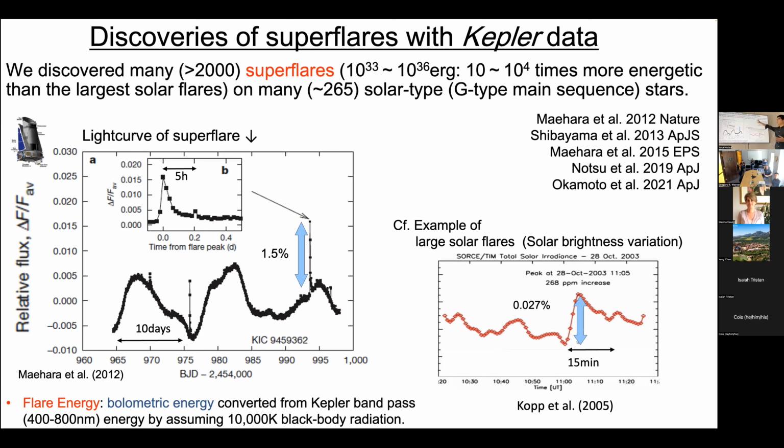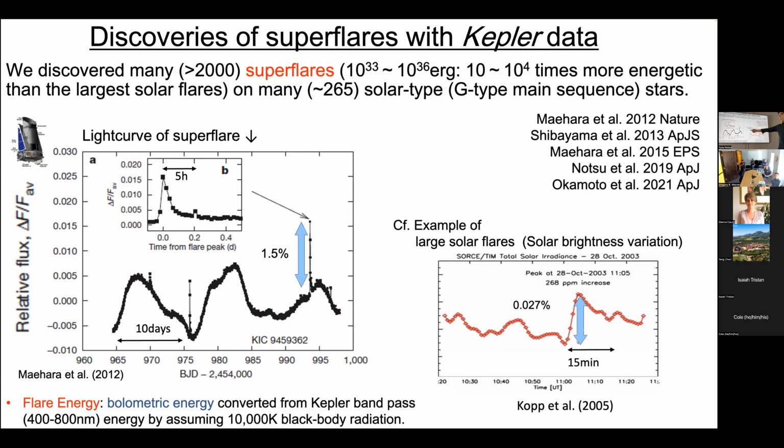The energy is at least 10 times larger than the largest solar flare. On that plot, wouldn't that be showing multiple superflares over the course of a month? Yes. So that's a lot more frequent than once in 10,000 years. And this is one star, right?